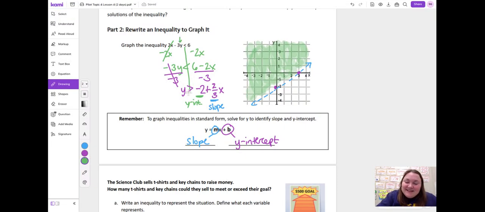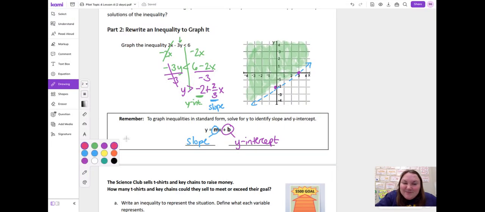We learned in the previous lesson that because this does not have "or equal to," we use that dashed or dotted line that you see in blue. The last part: because it is a greater than sign, we shade above the line. Notice I put this part in green, everything above our dashed line. That means any points in the shaded area would be a solution to this inequality.